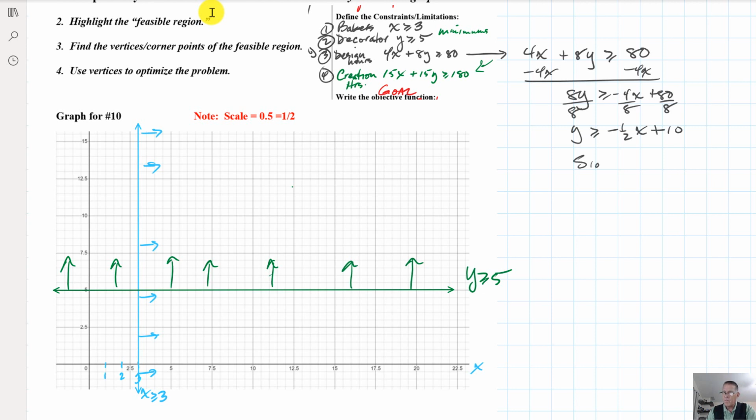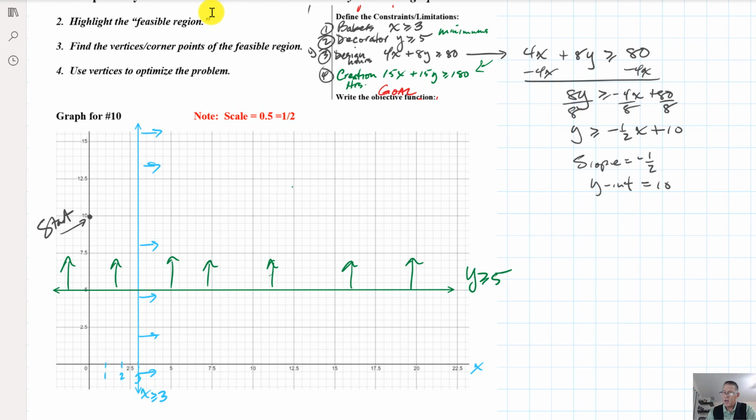So the slope is negative 1/2. The y-intercept is obviously 10. So we're going to start at 10 and then go down 1, right 2. Let's start at 10. There we go. Let's start there at the y-intercept.